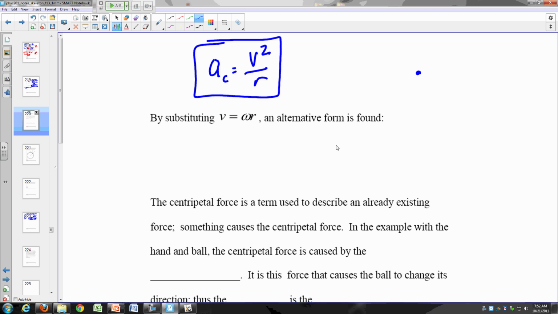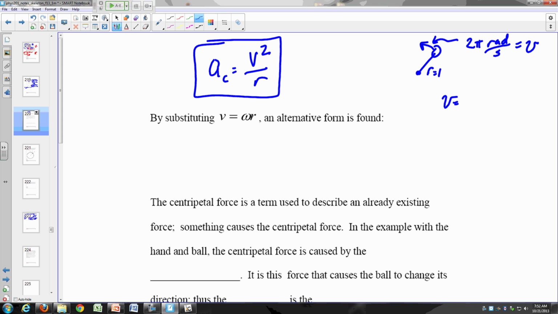So for example, if I have a string and it's moving here with a radius equal to 1 meter, and it's moving at 2 pi radians per second. And if I want to find the centripetal acceleration, a_c, I first need to find v.